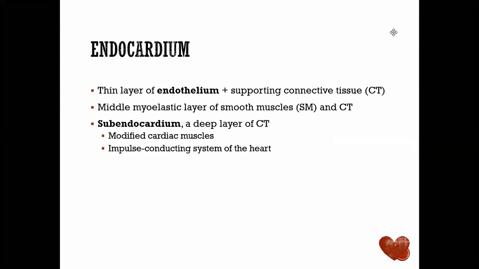Beneath the endocardium, you have your subendocardium, a deep layer of connective tissue. You will find here your modified cardiac muscles, and then the impulse conducting system of the heart, which we have mentioned: the sinoatrial, the atrioventricular, and so on.